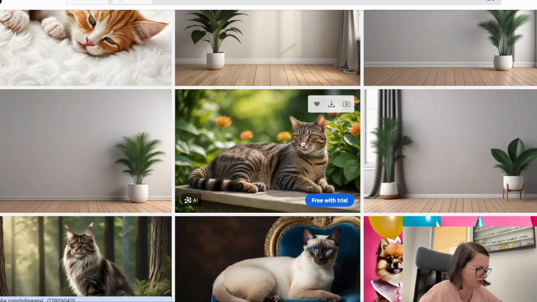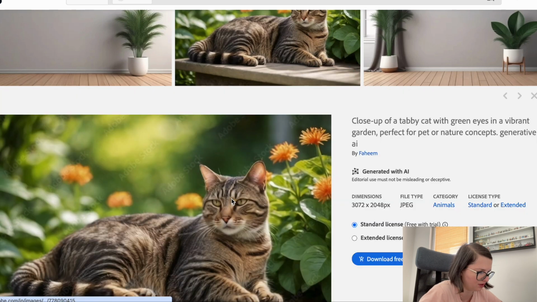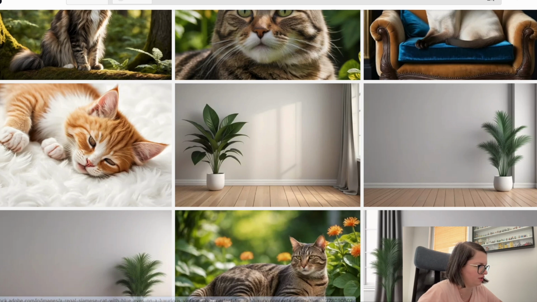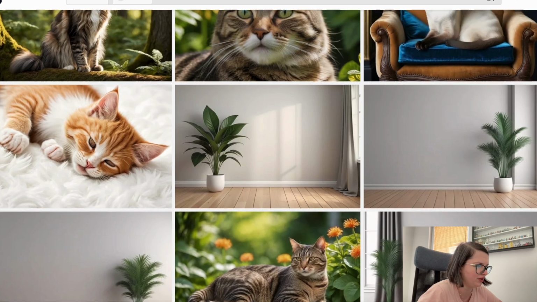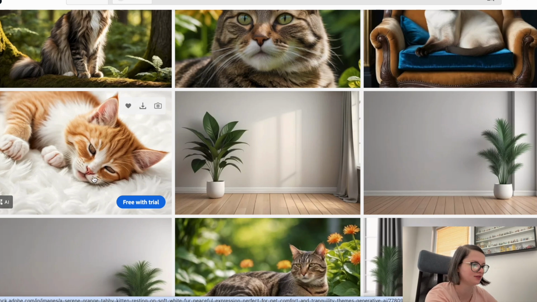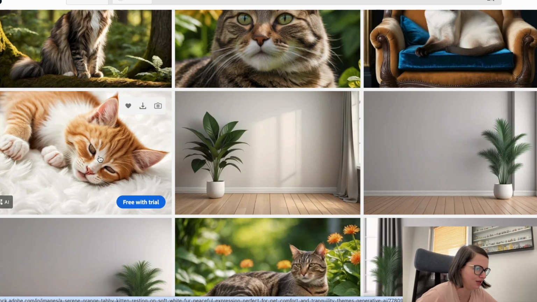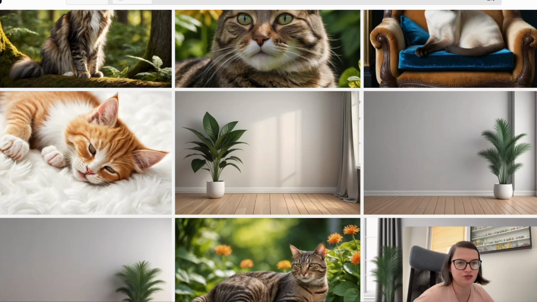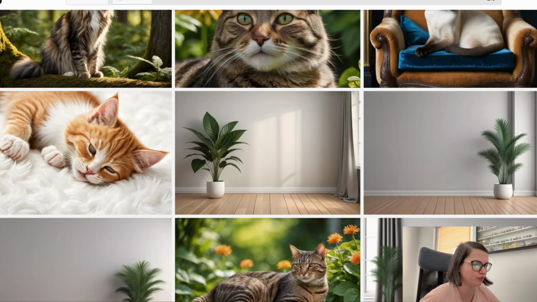If you compare to the cat here, the eyes are normal, and this cat here is just a weird zombie cat, even though the image overall is nice, but the eyes are making it look strange, and again, it diminishes the potential commercial value of the image.